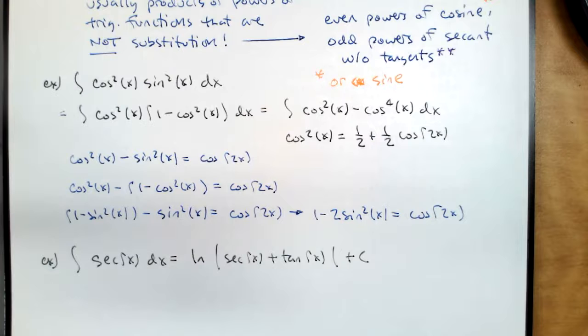So last time I said, here's our first one. This is the first odd power of secant without tangent. Integral of secant to the first. The integral of secant is the natural log of the absolute value of secant x plus tangent x plus some constant. I mean, obviously, right? That's exactly what you would have guessed.